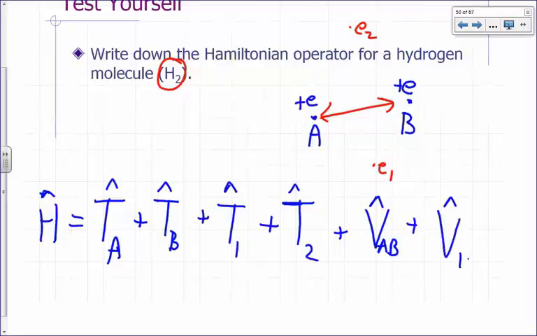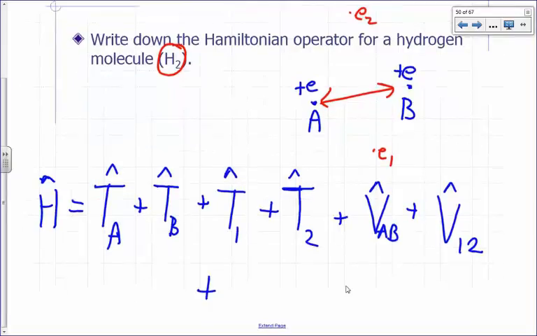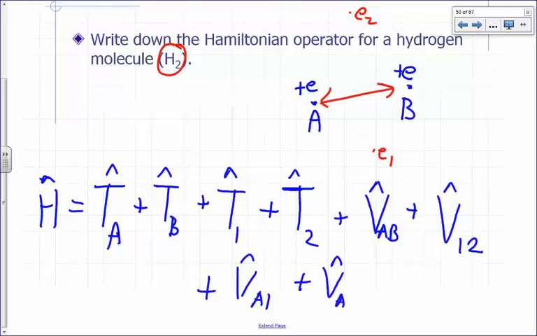Okay, so we're going to call the interaction between electron 1 and electron 2 V hat 1 2. Two more. All possible pairings of particles. Potential energy of interaction between A and electron 1, and then potential energy of interaction between A and electron 2.